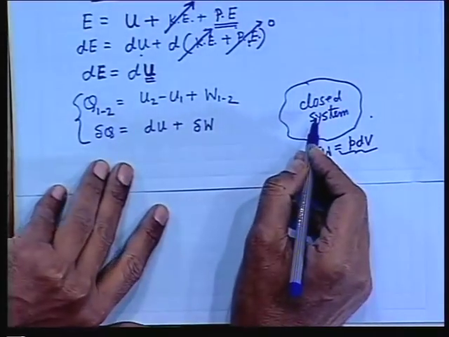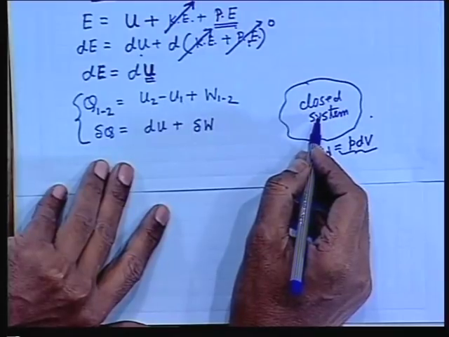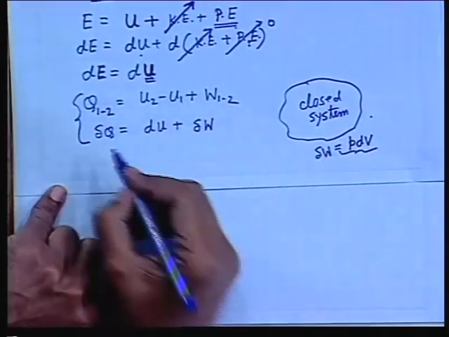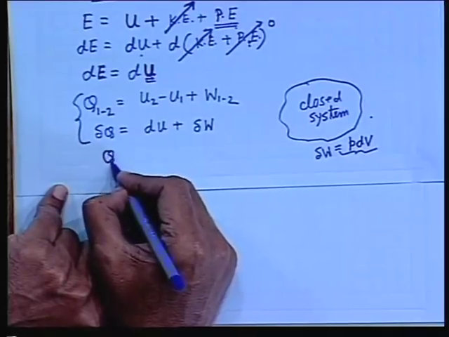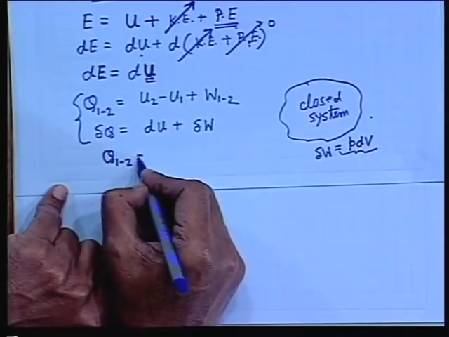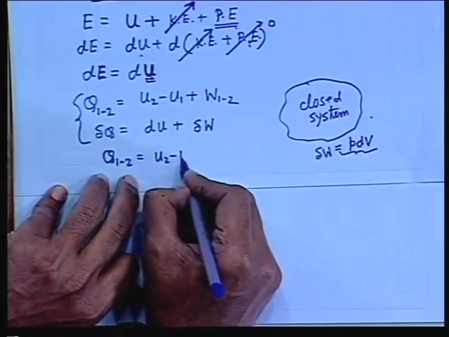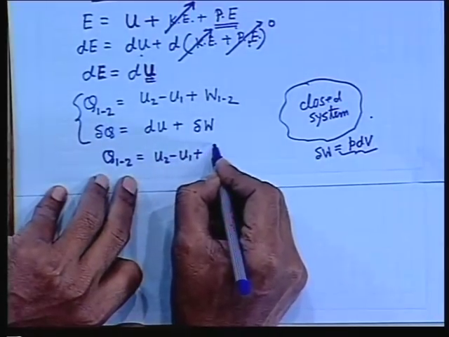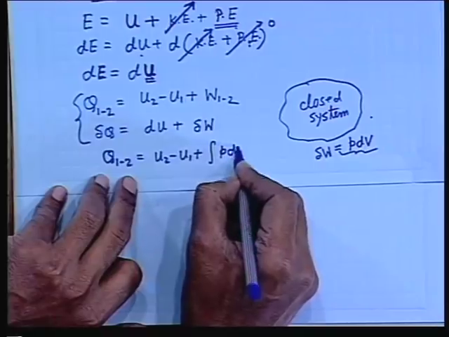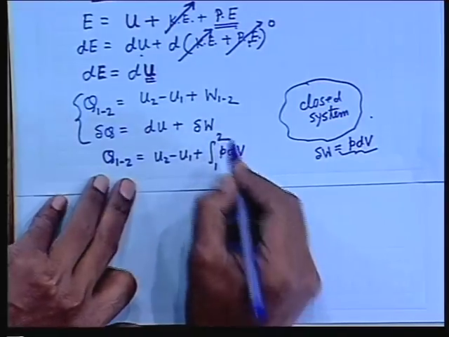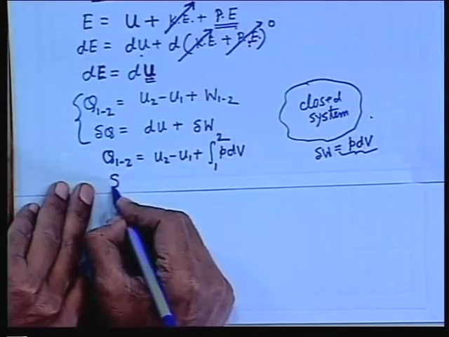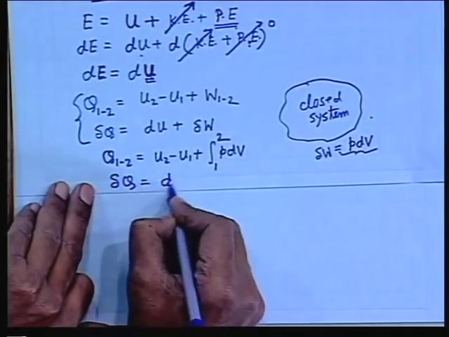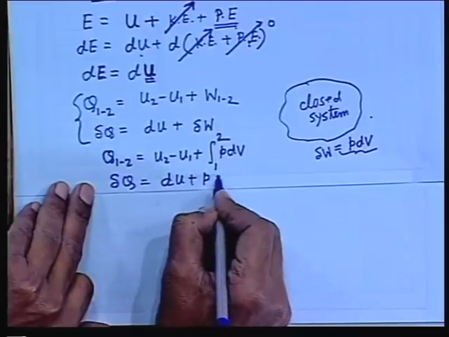So if we consider the closed system only performs this type of work, that is PdV work, then we can write for that occasion Q12 is U2 minus U1 plus the integration of PdV between the states 1 and 2, or delta Q is equal to dU plus PdV.